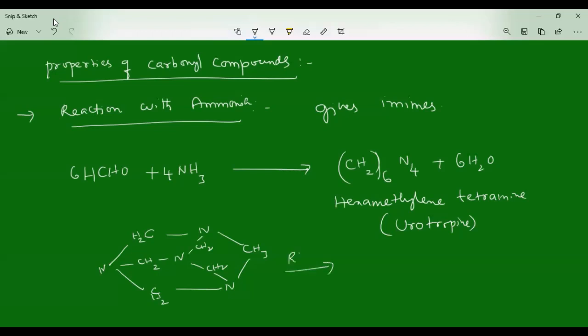For the preparation of RDX, in the presence of concentrated nitric acid, this urotropine is said to give cyclonite, which is another important cyclic compound with nitrogen atoms in the ring joined with NO2 groups.